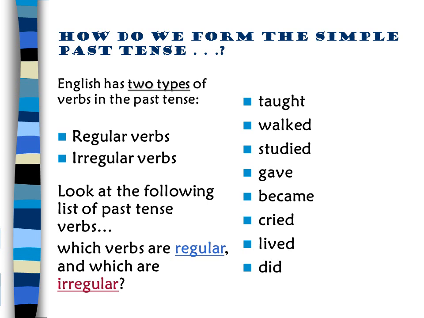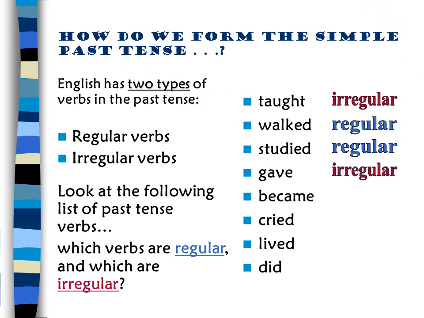Now taught. Is it regular or irregular? Of course, it is an irregular verb because the infinitive is teach. The verb walk is regular. Walked. T sound. Study. Studied. Regular verb. The verb gave is an irregular verb because the infinitive is give.